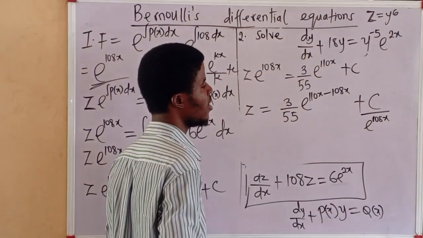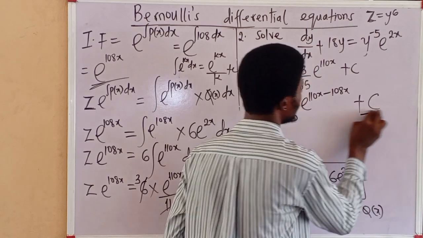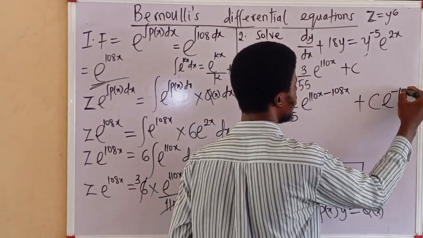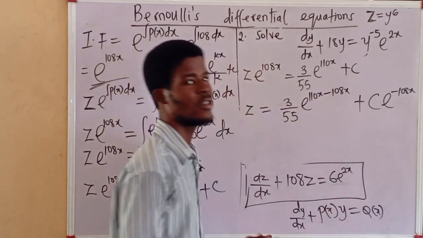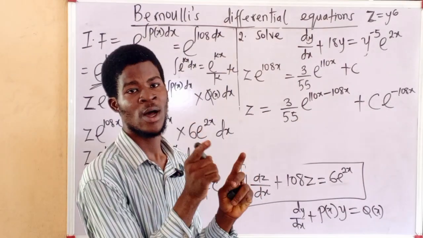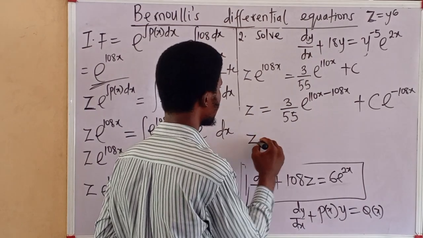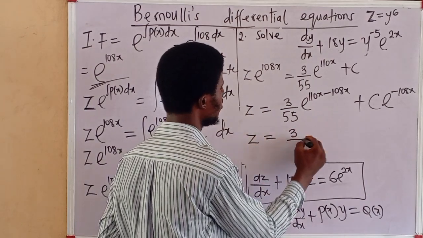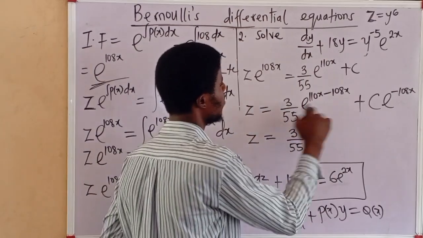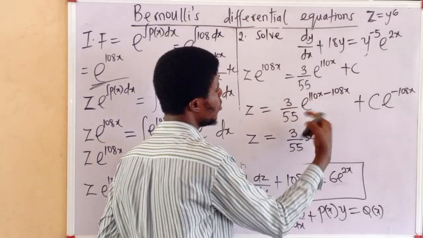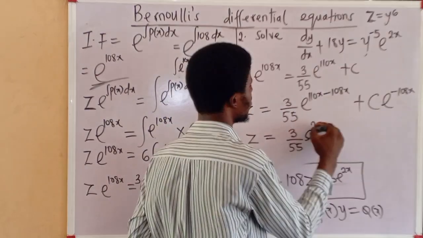So just like I did earlier, I want to write it as c times e to the power of minus 108x. If I take the inverse, the power becomes negative. So z is equal to 3 upon 55 e to the power of, 110 minus 108 is 2, so this is 2x.